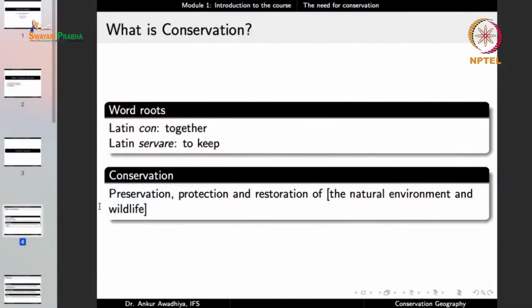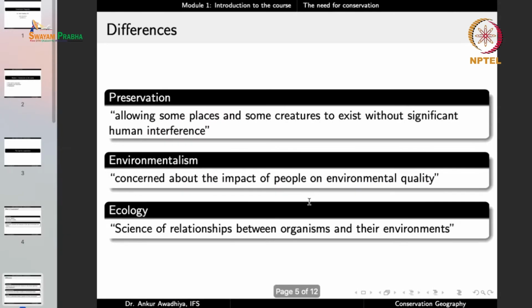If we have diverted large segments of our habitats for uses other than wildlife uses, then is there something that we can do to restore this environment back to a condition where the wildlife are able to survive? So conservation is preservation, protection and restoration of the natural environment and wildlife.